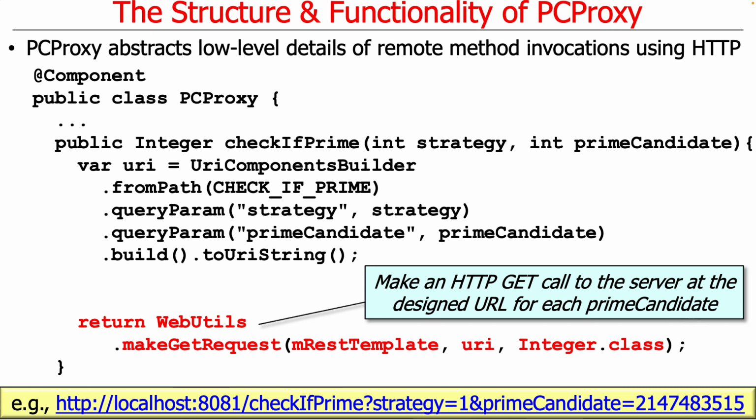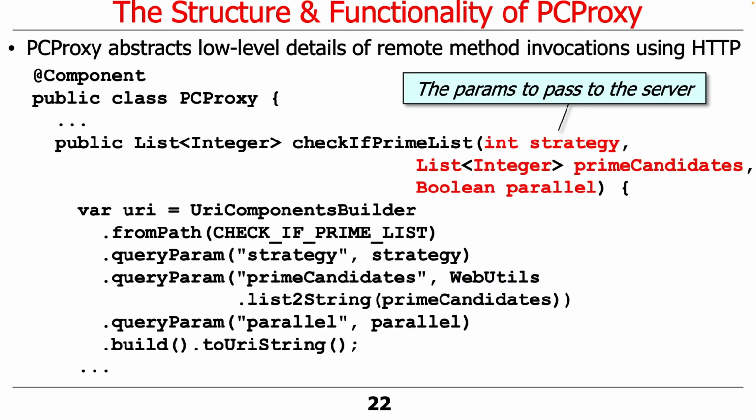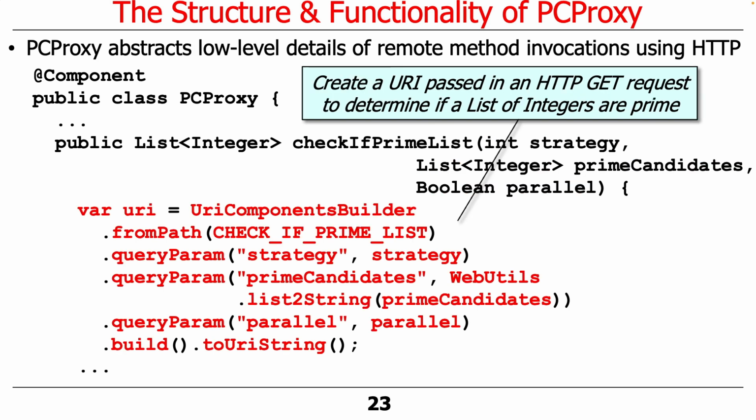Then we go ahead and make the GET request, passing in the REST template, the URI, and the return type we expect, which is an integer. So that's going to make a call using the GET HTTP request. Here's checkIfPrime list. We pass a bunch of parameters to the server, including a list, so we have to do things a little differently here. Once again, we put the right routing name there, and the strategy.